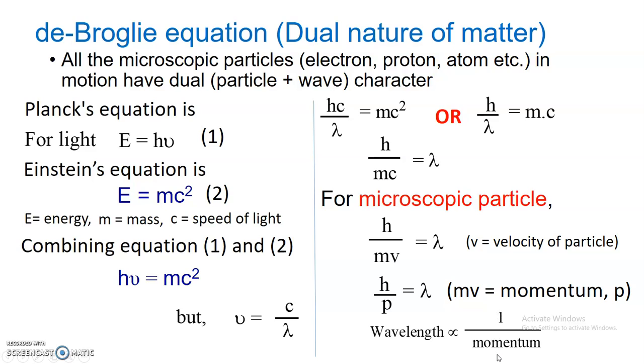This is the de Broglie equation, h upon p is equal to lambda. De Broglie equation is applicable to microscopic particles in motion, and microscopic particles, I told you already, are electron, proton, atom, molecules, etc. So this is about the de Broglie equation.